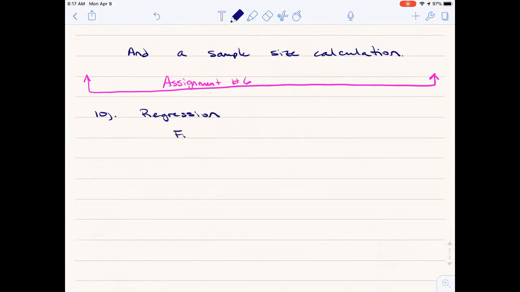So we have to find the correlation. Given those 5 pieces of information, right? The 2 means, the 2 standard deviations, and the covariance, you can find the correlation. Find the regression equation.